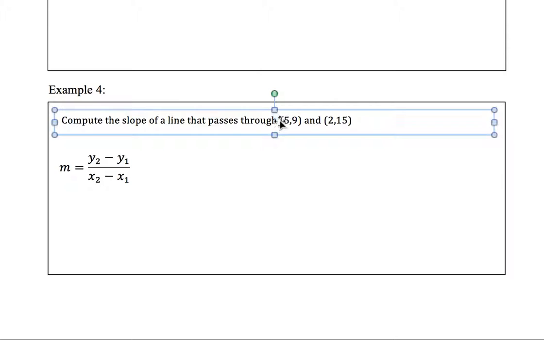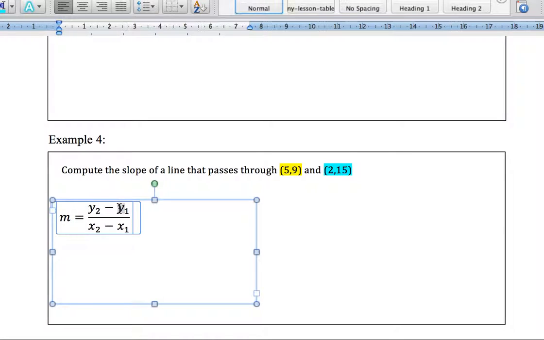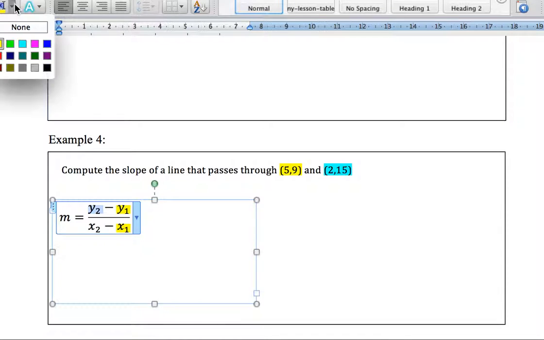So let's call what I'm highlighting here point 1. And let's call what I'm highlighting in blue point 2. So that means that y1 and x1 need to come from the point highlighted in yellow, and y2 and x2 need to come from the point highlighted in turquoise.